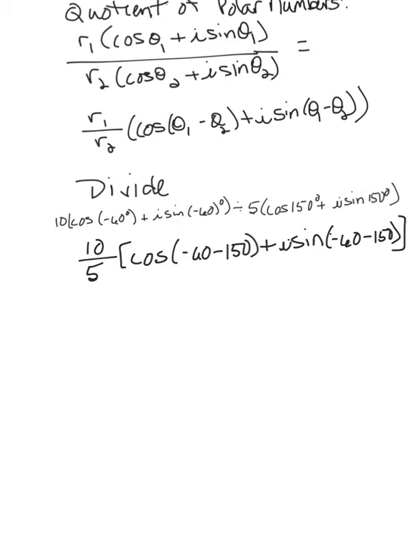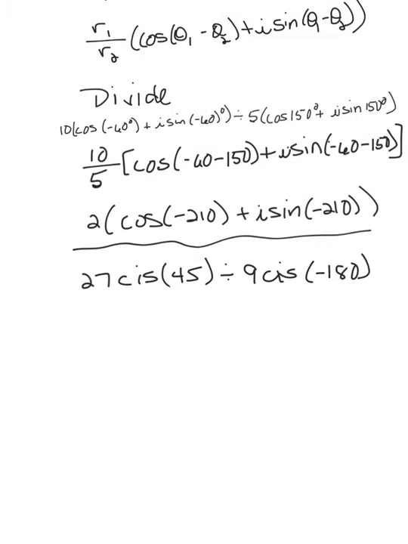So now simplifying, 10 divided by 5 is 2. And then we are going to have the cosine of negative 210 plus I times the sine of negative 210. And we are done.